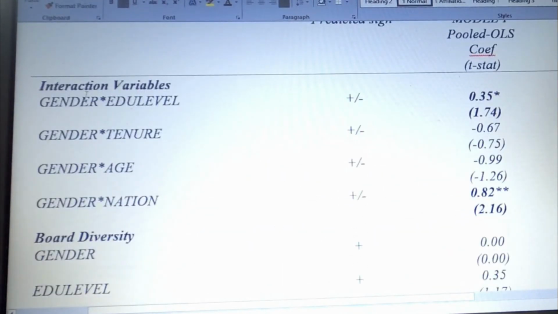My justification is that gender is more widely accepted in terms of regulation in many countries. They have already imposed several regulations on the minimum required female directors on the board. So that's why I use that as the main variable in my interaction terms. So I create gender with edu level, for example.